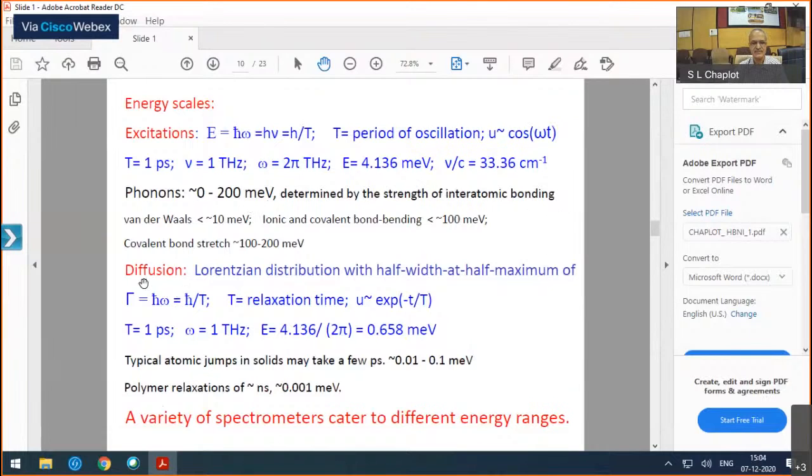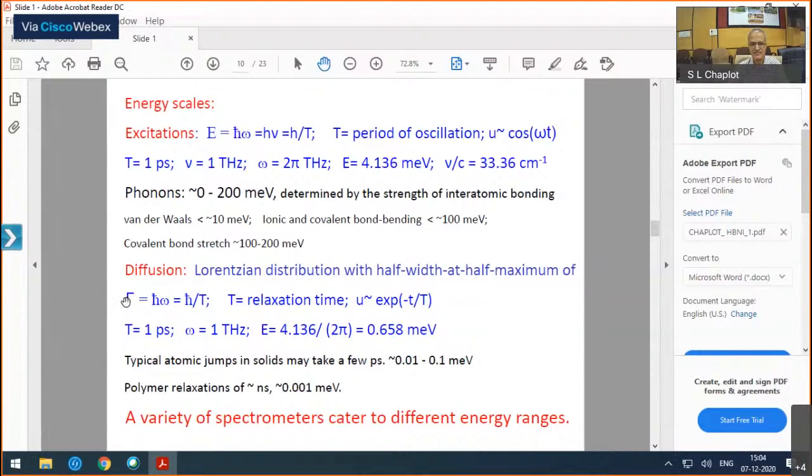And the stochastic dynamics, again, depends on the kind of relaxation times that we are interested in. So typically relaxation times, for example, atomic jumps in solids due to diffusion, are in the range of a few picoseconds, could be a fraction of a picosecond to several picoseconds. And this can be expressed in energy.